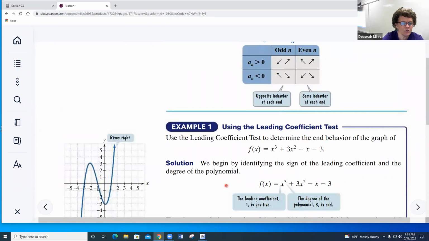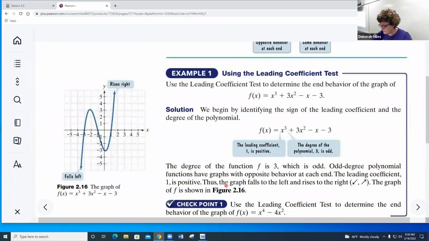I'm going to show you these objectives one at a time like they're laid out in the book, but we're not really going to work some problems until we get to those problems that put everything all together. So in example 1, we have an odd degree polynomial with a positive coefficient. And sure enough, its graph goes down on the left and up on the right, just like x cubed.